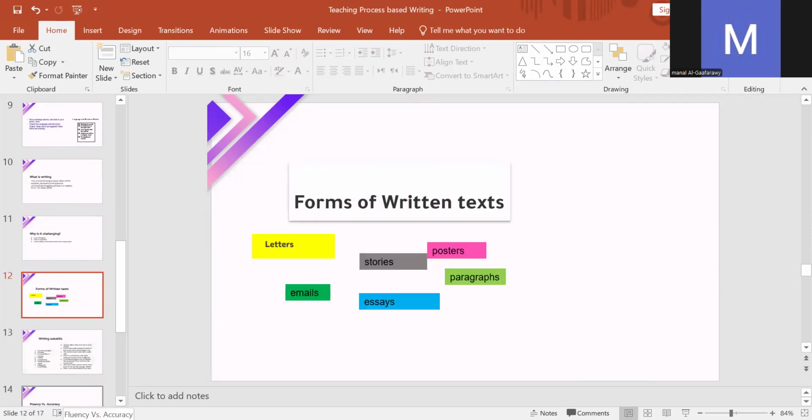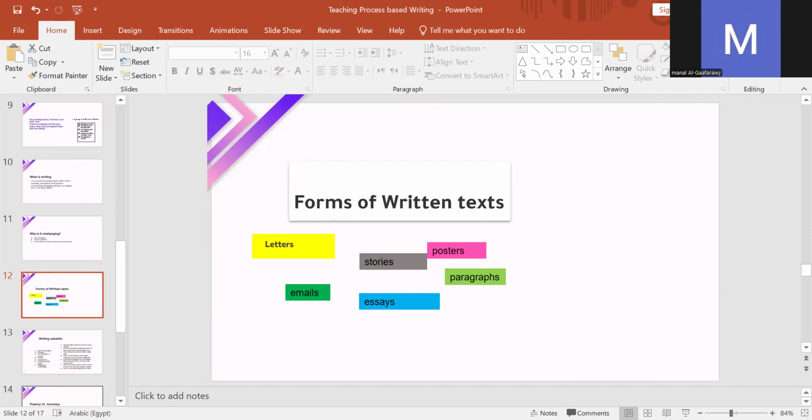Again, related to the process of writing is being aware of the different forms of written texts the student is asked to write about. Bearing in mind that writing is a real world task, that in the real world, we are required to write a variety of texts.